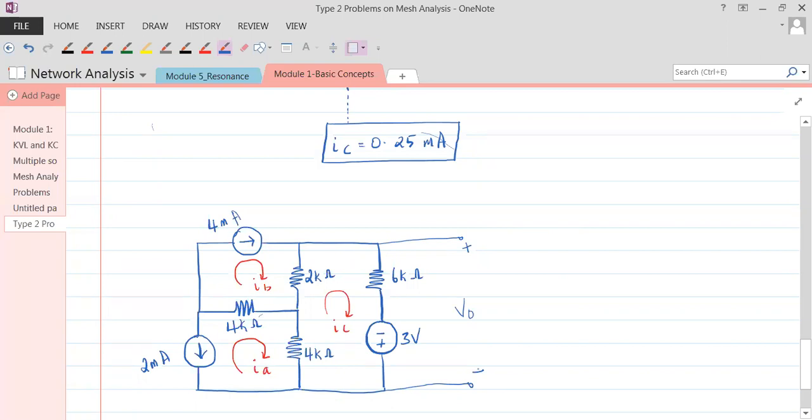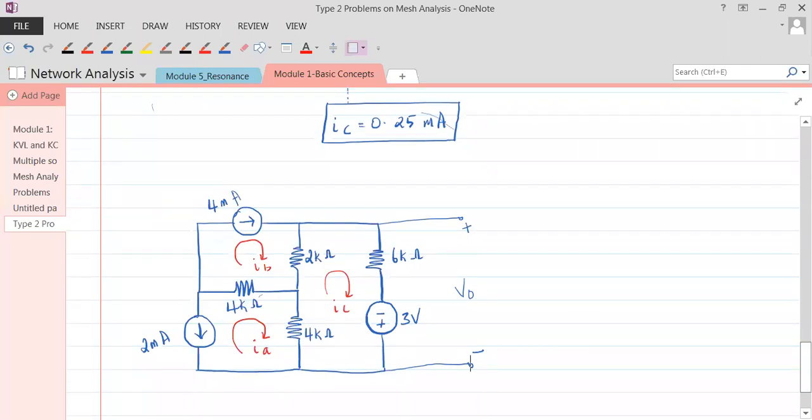It's the same problem, but I've taken these two terminals out and I'm saying that this is the V naught that we want to calculate by mesh analysis. We are actually looking at the voltage across these two points. Voltage across these two points, that is V naught. So the question would be to calculate V naught by mesh analysis.